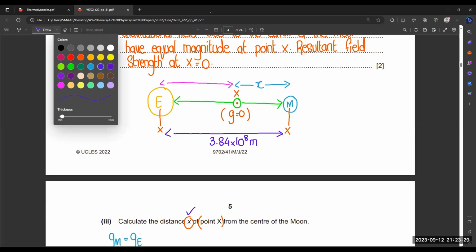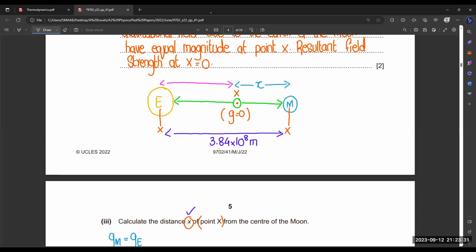If you draw a reference line, this distance x, we can easily find by subtracting from the value of 3.84, right? Because if we subtract x from the given length, you will be able to find the distance. Clear?